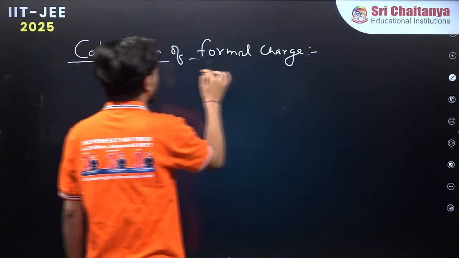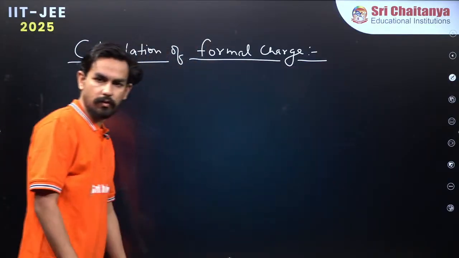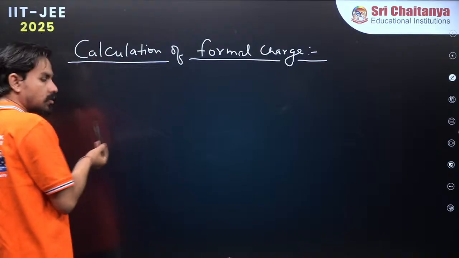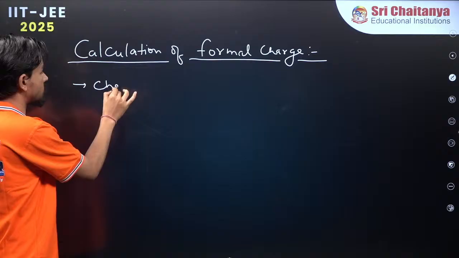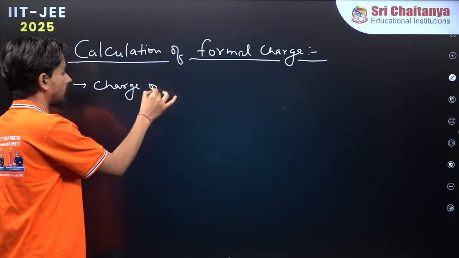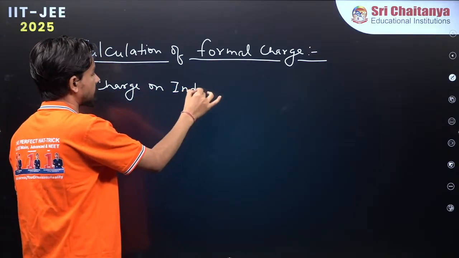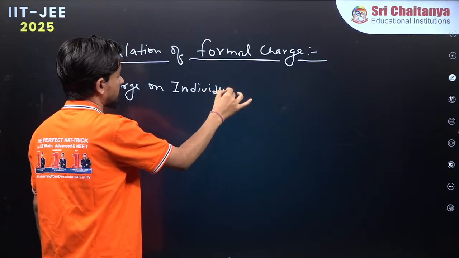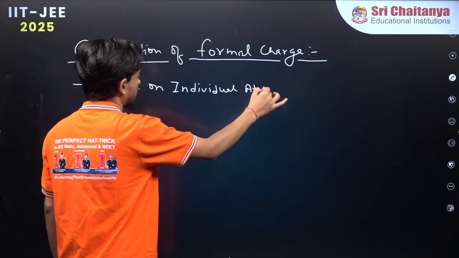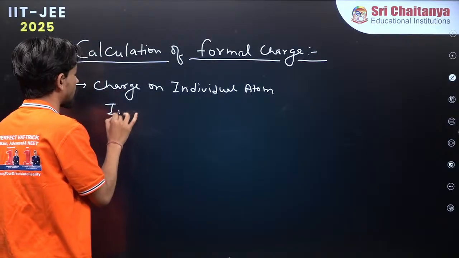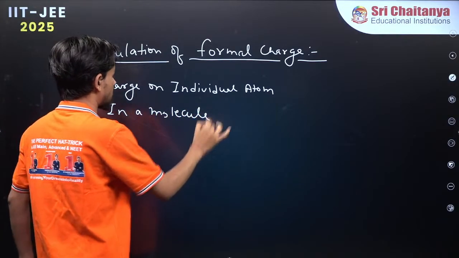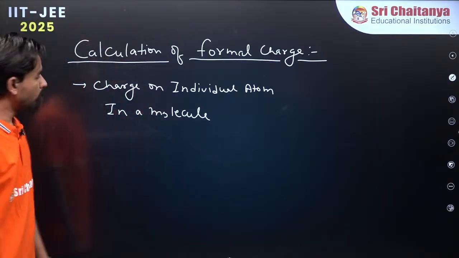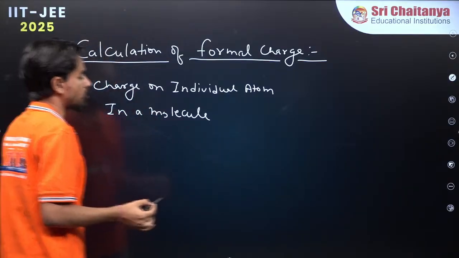Formal charge is the charge on an individual atom in a molecule. So how to calculate it?